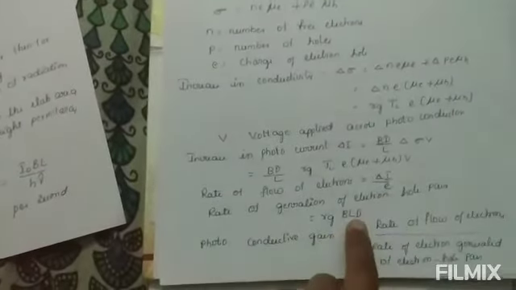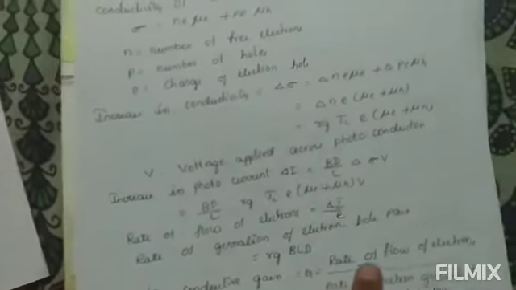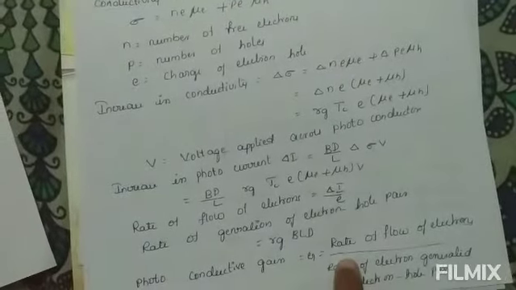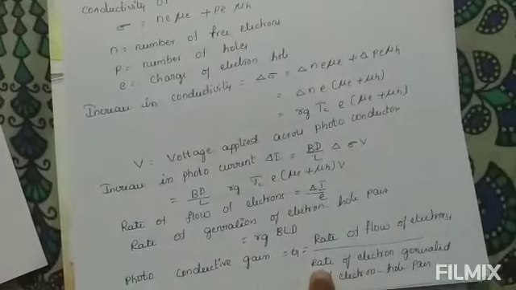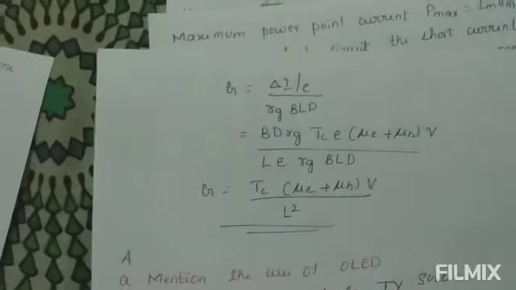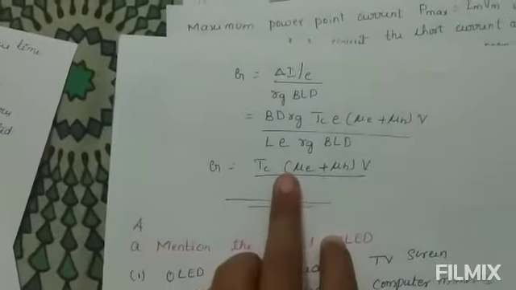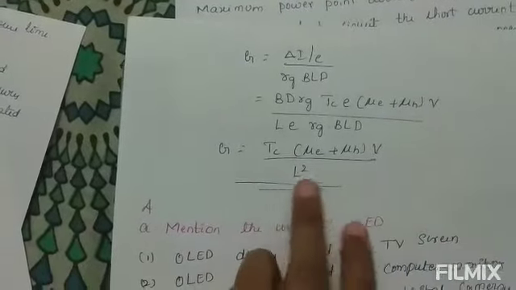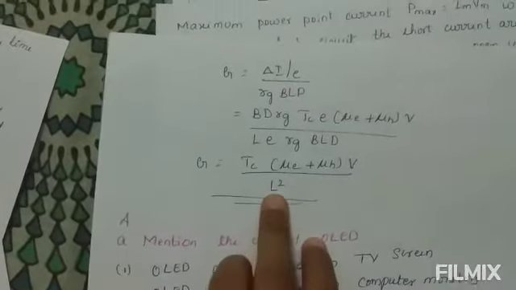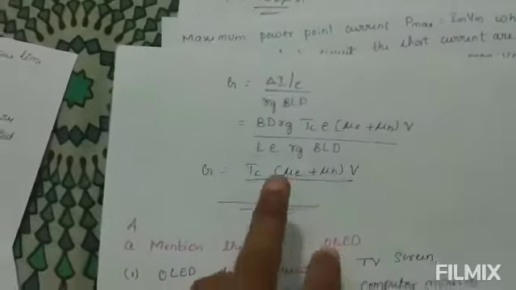If you substitute all in the photoconduction gain, G will be given by the rate of flow of electrons divided by the rate of electron-hole generation. We get a value of G, that is τc (μe + μh) V divided by L squared. This will be the gain.